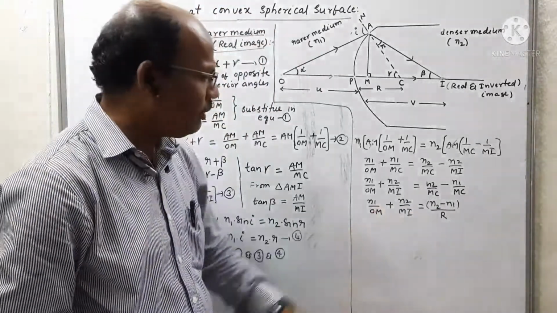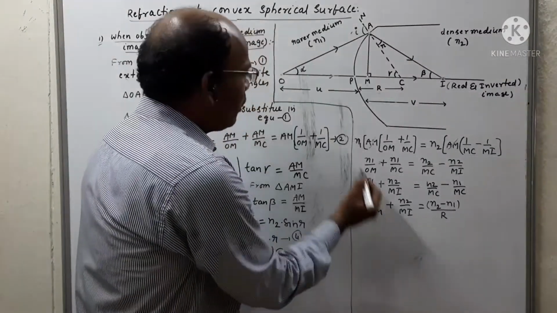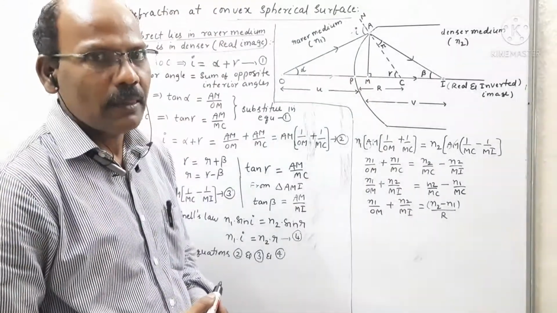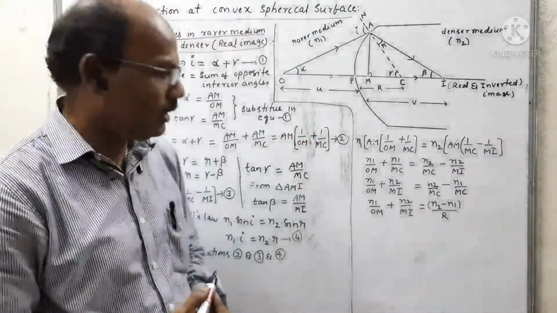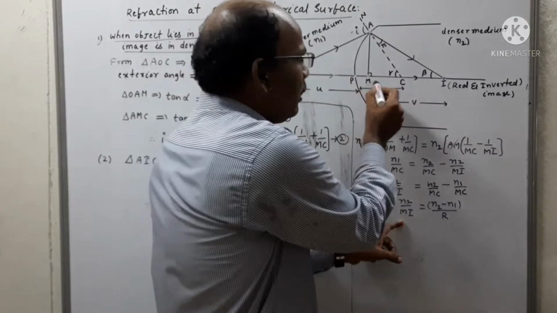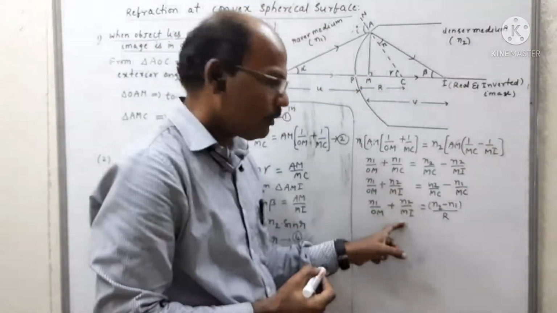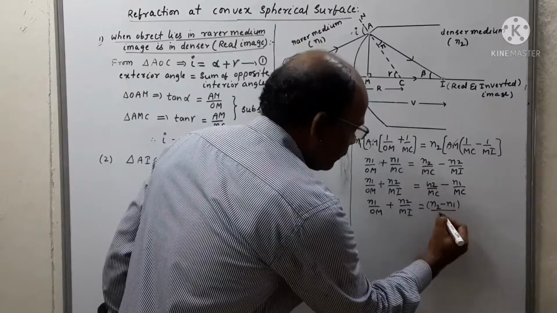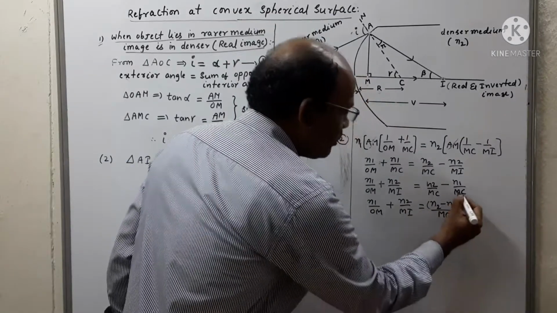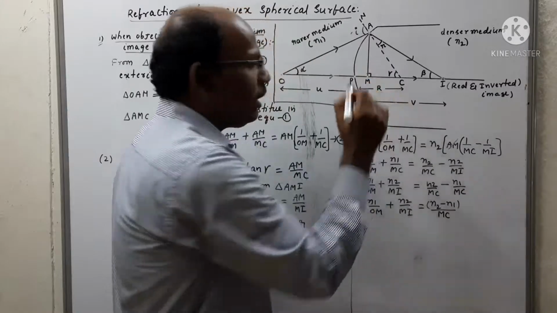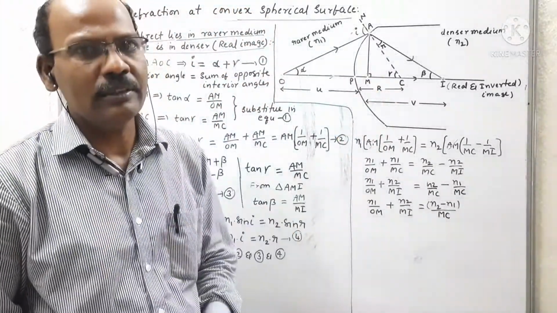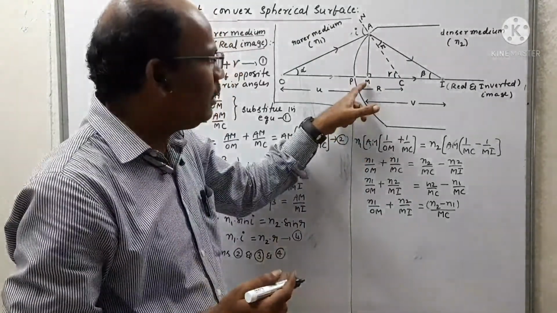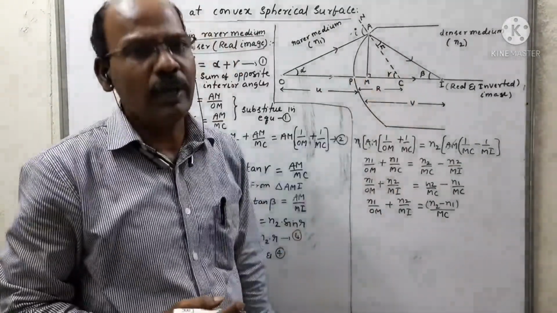We are clearly observing that OM is the object distance and MI is the image distance. So N2 minus N1, and this is MC. So what is MC? MC is nothing but R. For thin lenses, the pole nearly coincides with the normal drawn on the principal axis.